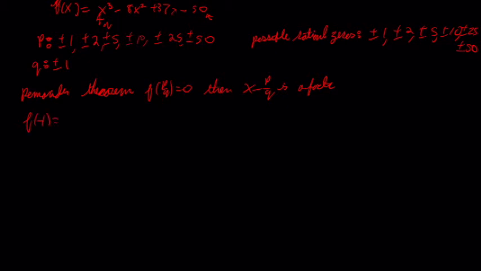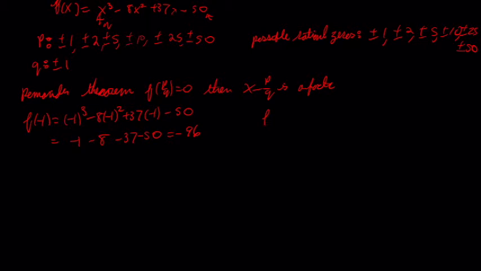That gives me negative 1 cubed minus 8 times negative 1 squared plus 37 times negative 1 minus 50. That gives me negative 1 minus 8 minus 37 minus 50, which gives us a negative 96. So f of negative 1 is not a rational zero.